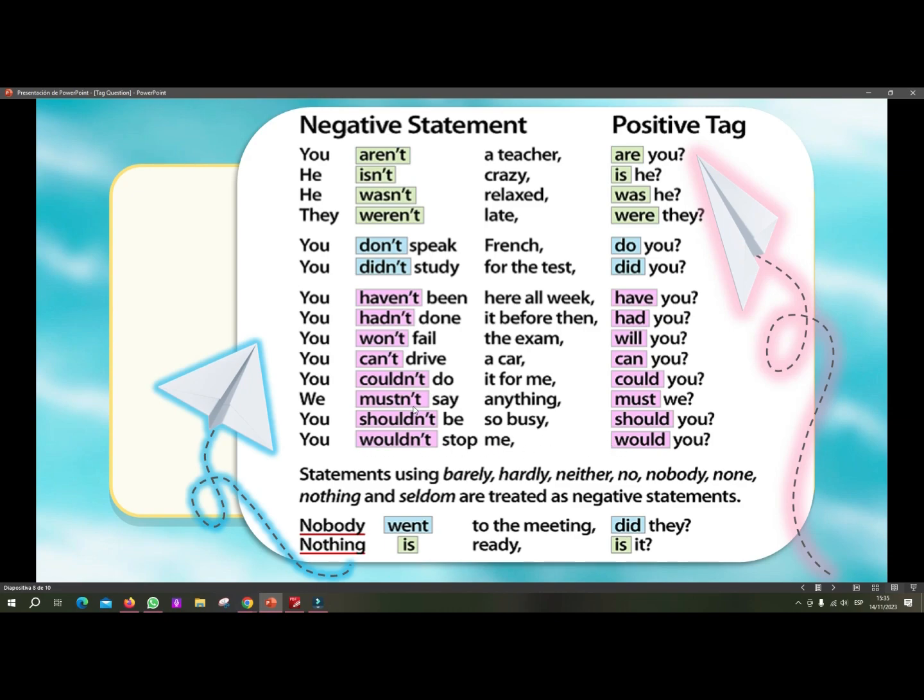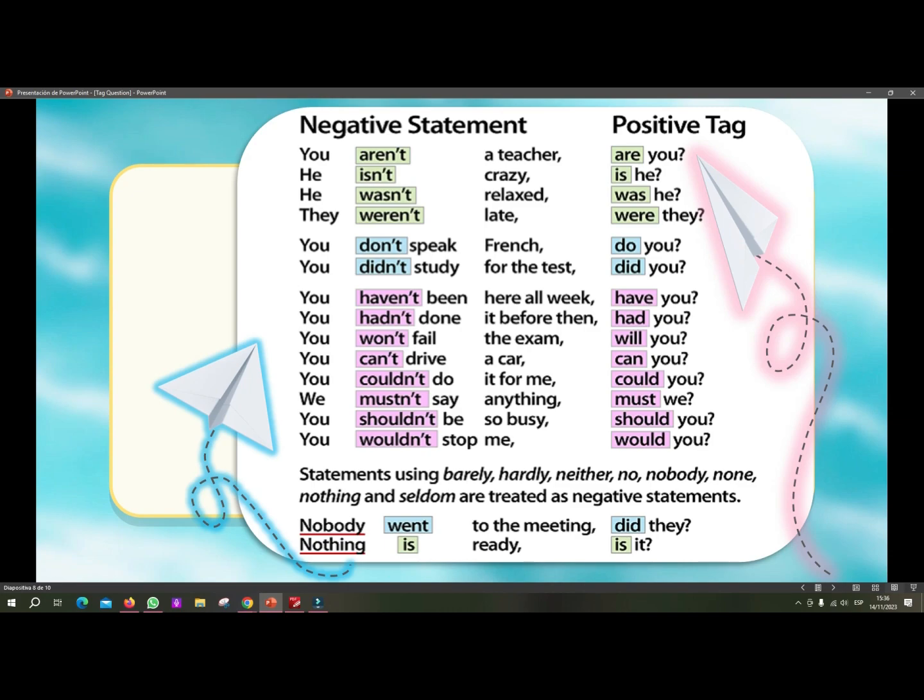So, statements using hardly, neither, nobody, no one, nothing, and seldom are treated as negative statements. So, nobody went to the meeting. In this case, if you have this word as a subject, right? In this case, you're going to take that statement as a negative one.